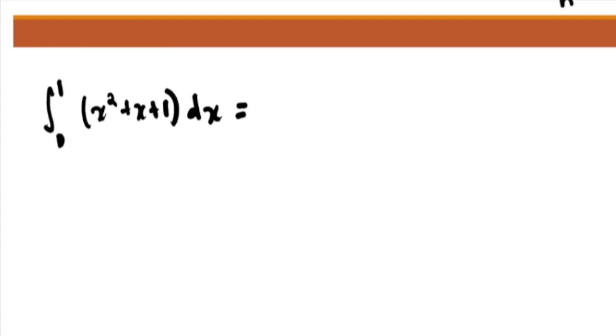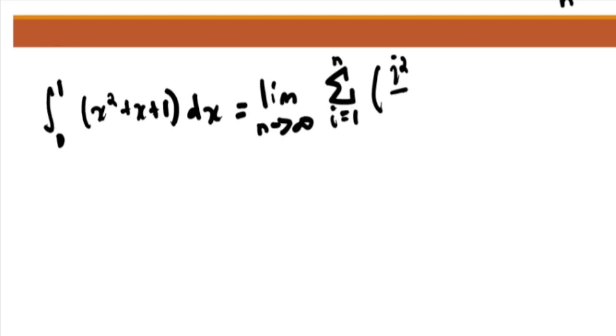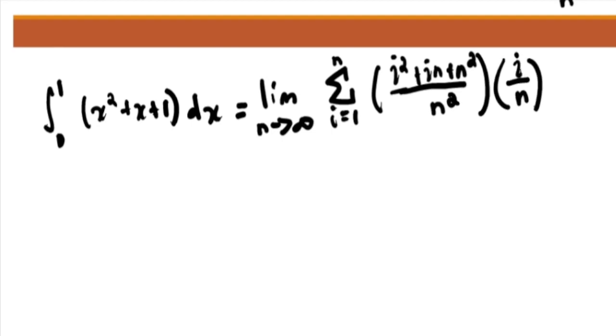So ito ay, this is the limit as n approaches infinity of the sum of I squared plus in plus n squared over n squared times 1 over n. Oops, sorry, this should be 1 over n. Kasi delta x natin ay 1 over n.